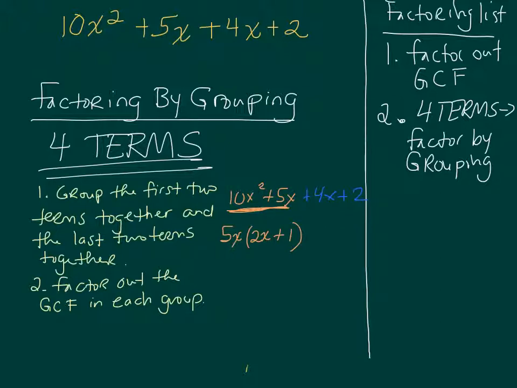So 2x plus 1. Alright, in the second group, 4 and 2 have a common factor of 2. So when I divide 4x by 2, I get 2x. And when I divide 2 by 2, I get 1. Now, do you notice anything amazing? You should notice something amazing. What happens is the expressions in parentheses are the same.